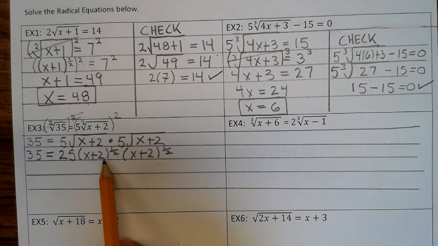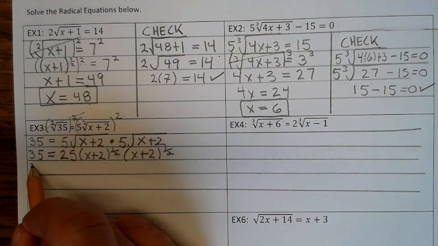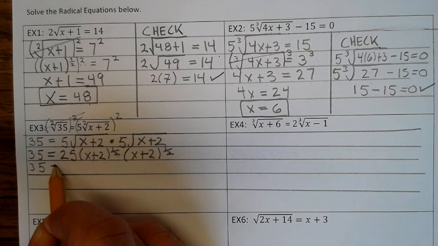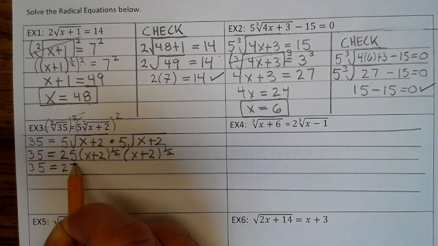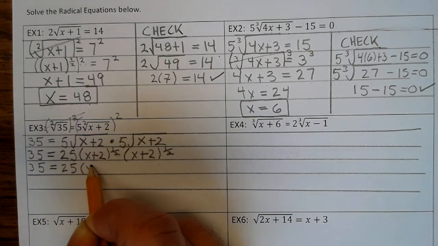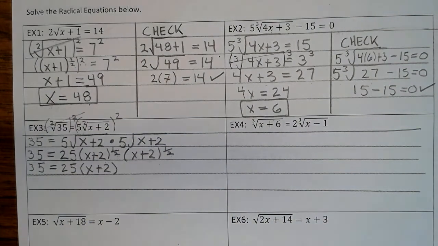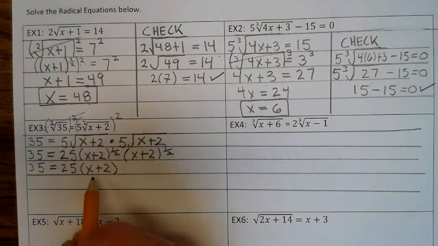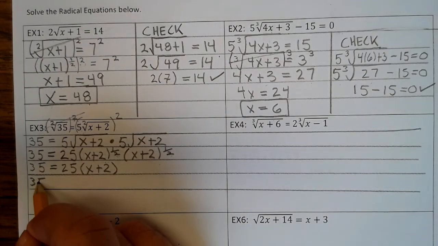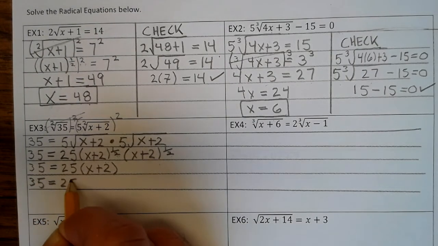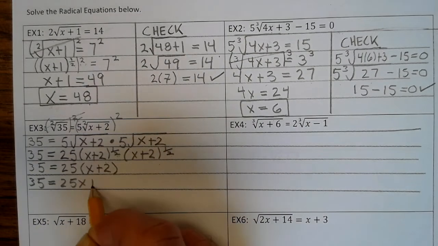So that becomes x plus 2 to the power of 1, which is just x plus 2. So that's 35 equals 25 times x plus 2. So now you distribute 25, so you get 35 equals 25x plus 50.